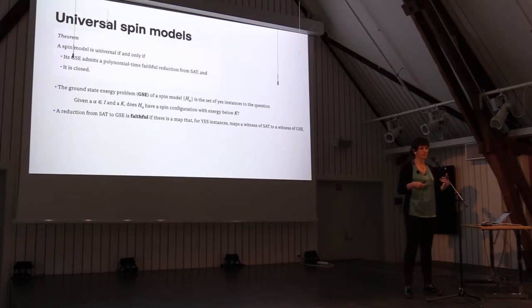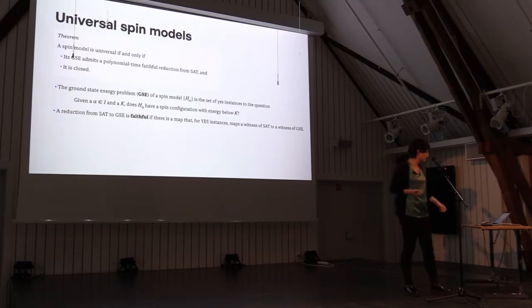It's the thing provided by the wizard to the king that certifies, sometimes it's also called a certificate, that your instance is an element of the language. So we require that the reduction also behaves nicely or preserves somehow the structure of the witnesses. For most of the NP completeness results I've seen, all but one, the reductions are faithful, but of course we need to explicitly require that.